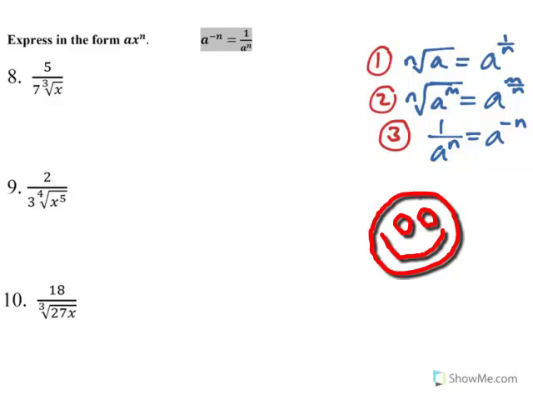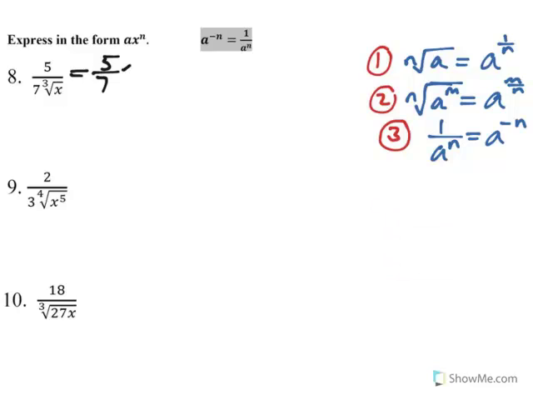The next lot, the last lot, 7, 8, 9, and 10, again I've written 3 rules there. The first one, we need to think of it as 5/7 times 1 over the cube root of x, which is 5/7 times 1 over, and cube root based on rule 1 means a power of a third.